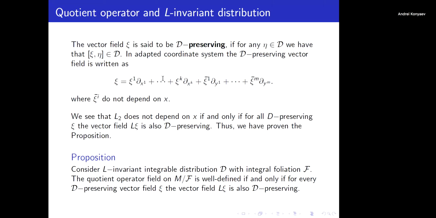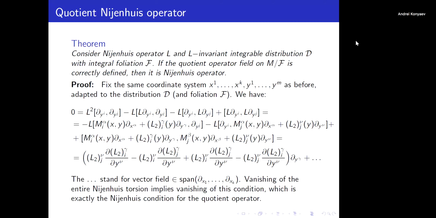Now we move to the next. Now we will prove that this operator, in fact, is a Nijenhuis operator. Everything we did was for a reason, right? It would have been really disappointing if it wasn't, right? So we just spent 20 minutes discussing the quotient operator for no reason.